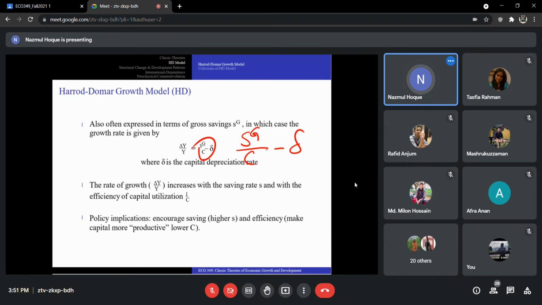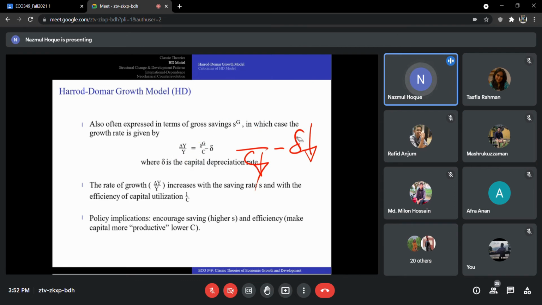Okay, so the implication that you see here is that the economy is going to grow at a faster rate if it has a higher savings rate, or if it has a lower capital output ratio, and if it has a lower depreciation rate.